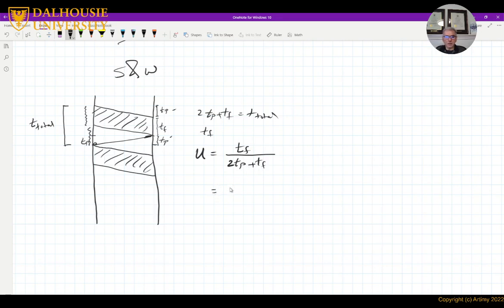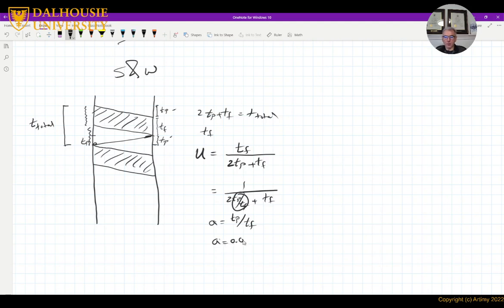And if I divide both sides by TF, I end up with 1 over 2TP over TF plus 1. This quantity, we'll call it A, and this is a normalized time, right? So rather than dealing with a lot of TPs and a lot of TFs, we could assume that, let's say, the TP is half of the TF, so A will be a ratio, right?